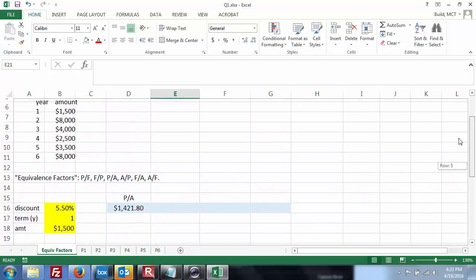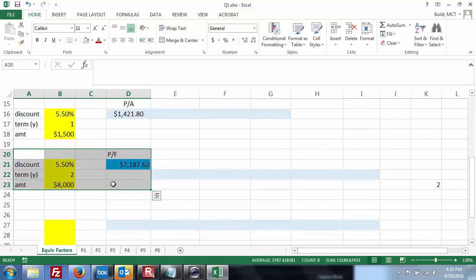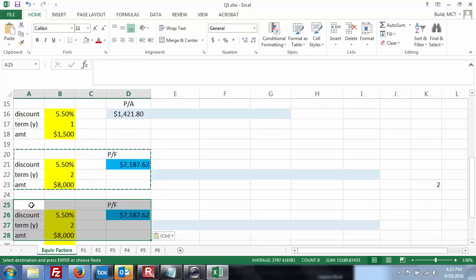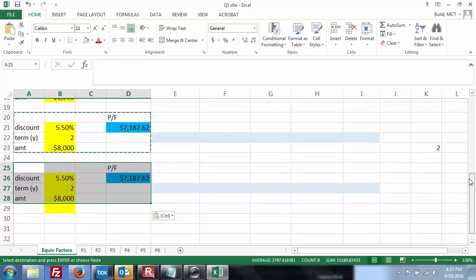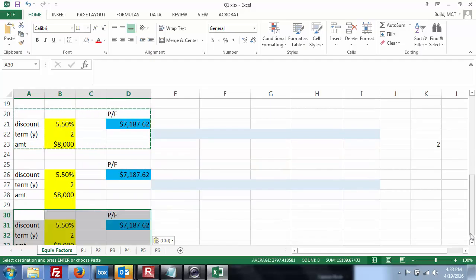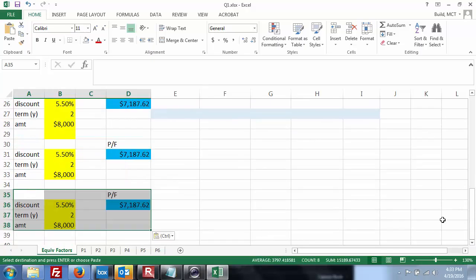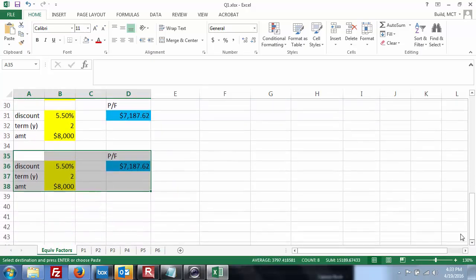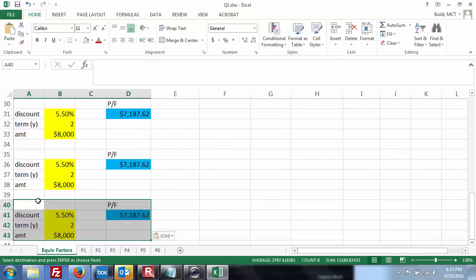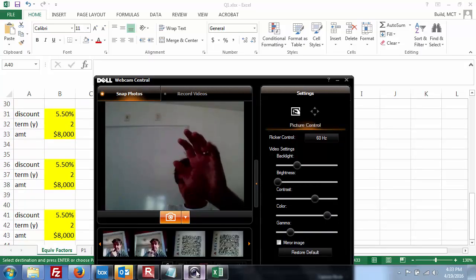Yeah, so actually from here it's just getting to that 6th year. Three, 4, 5, 6. So all I was doing was Control V to paste those in there.